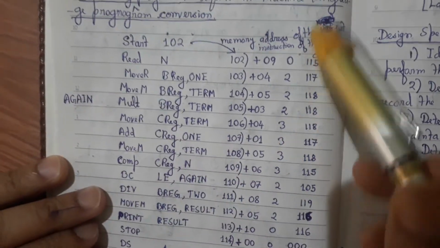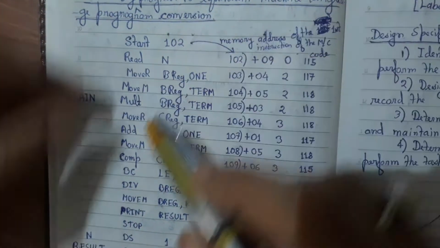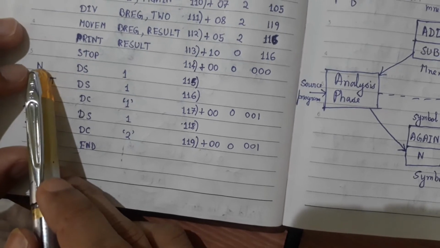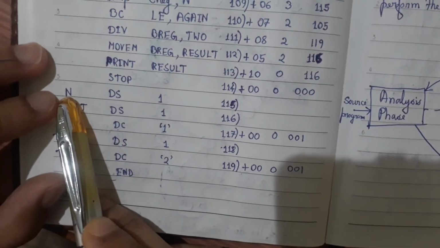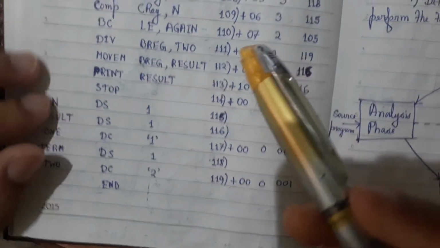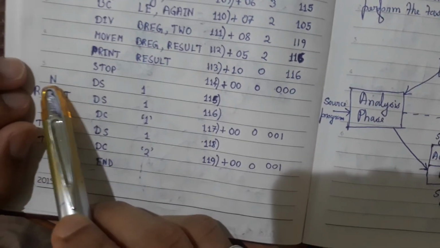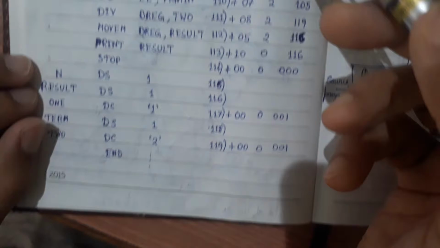So in the first pass it will leave it blank, read the whole program, and record all the addresses of the symbols in a symbol table. Then in the second pass it will put the addresses of the symbols in the machine instructions. So there are 2 passes.